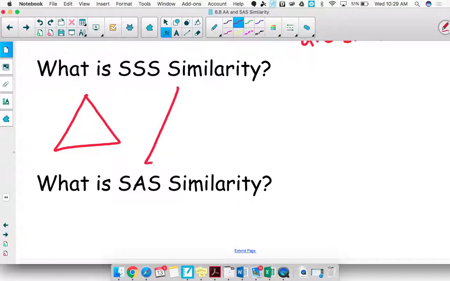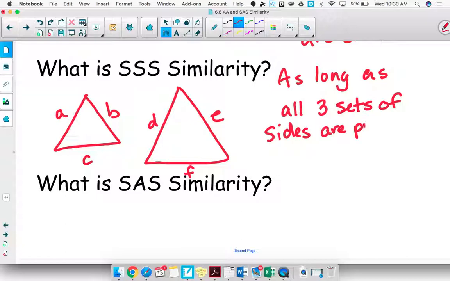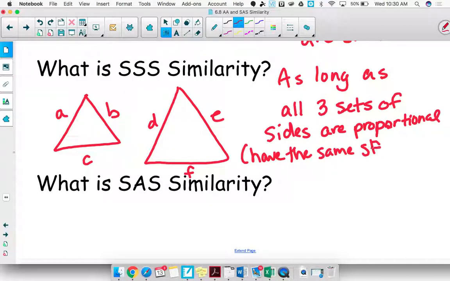We'll have two triangles, and I'm going to label the sides A, B, C, D, E, and F. As long as all three sets of sides are proportional, in other words, have the same scale factor, then the triangles are similar.